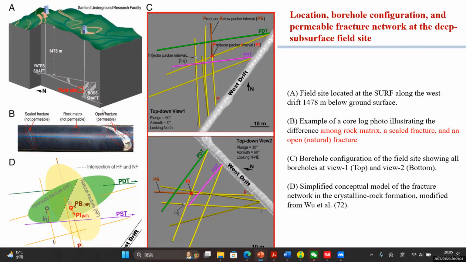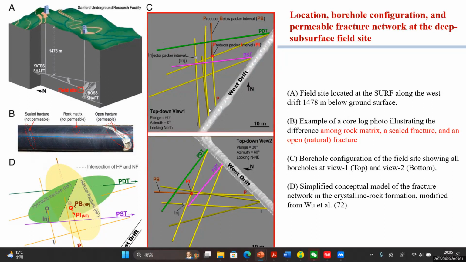Shows the location of the field site, and figure 1B shows the difference between rock matrix and sealed fracture rock and open fracture, namely not permeable or permeable.